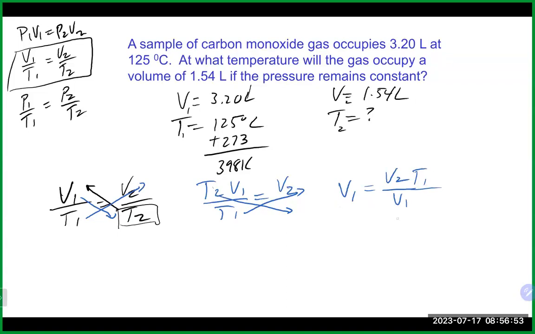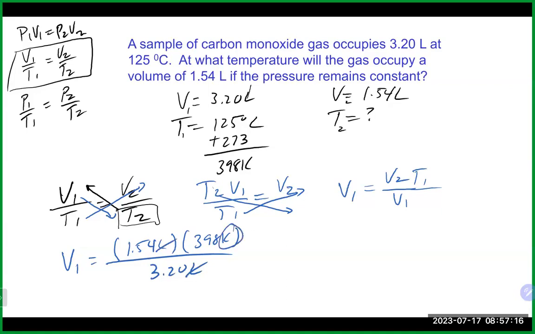Basically multiplying T2 to the other side, dividing the V1 to the other side, and multiplying the T1 to the other side. We'll bring them back across. Put in our numbers, gives us T2 equal to our V2, which is 1.54 liters, and our T1, which is 398, and our V1, which is 3.20 liters.